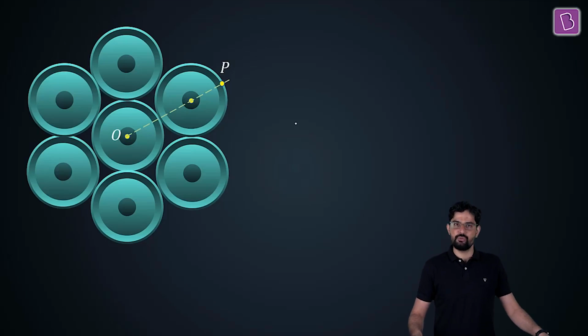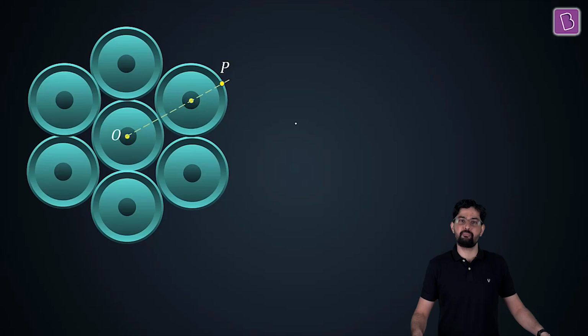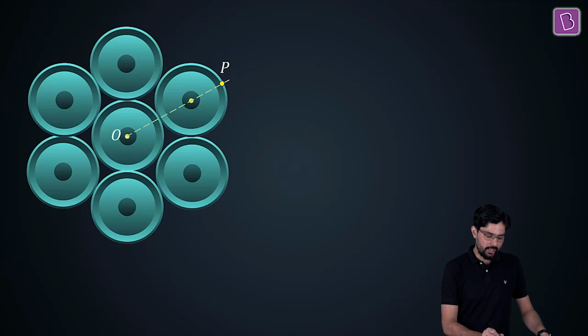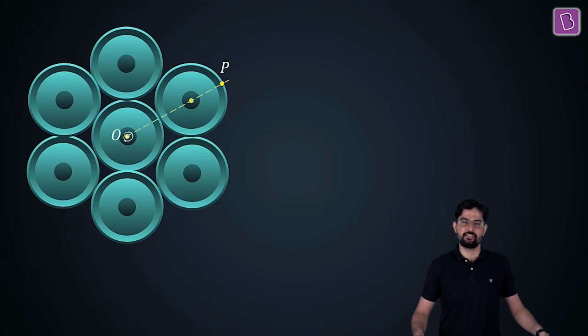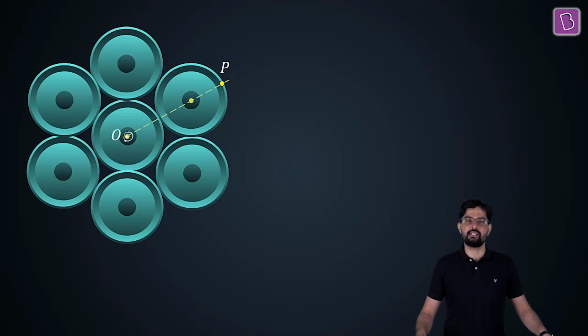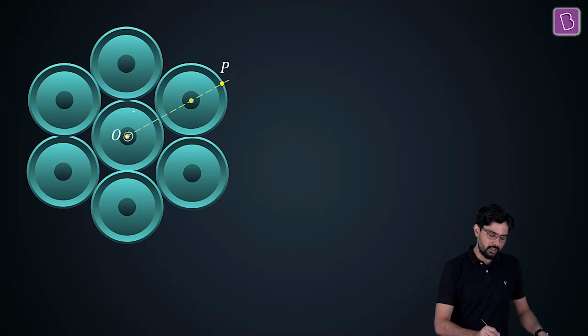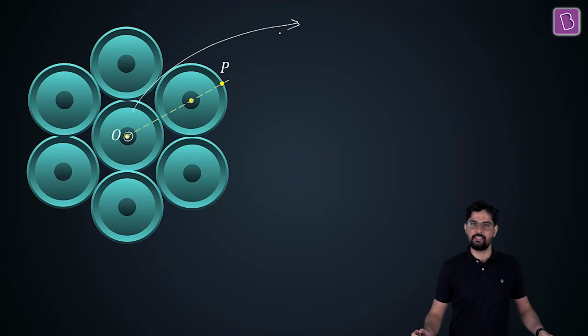But what we are going to do is find out the moment of inertia of this system about an axis perpendicular to the plane and passing through the point O, which you can see is also the center of mass of this system. And then we will apply the parallel axis theorem to find out the moment of inertia about the axis passing through the point P.